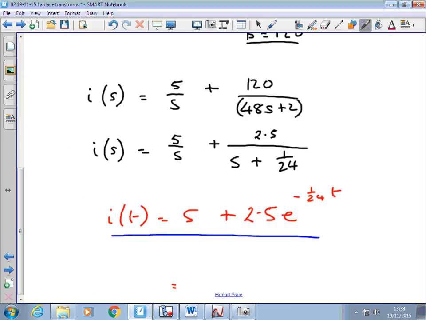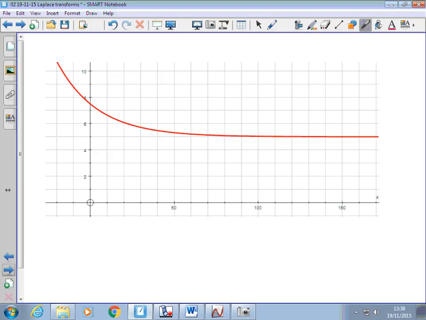If we plot it on Autograph, we get this. It starts off with a current of 7.5 amps and eventually drops down to 5 amps, which is this point here. But now we can predict how long. It's around about 90 seconds for it to drop to a steady state of 5 amps.